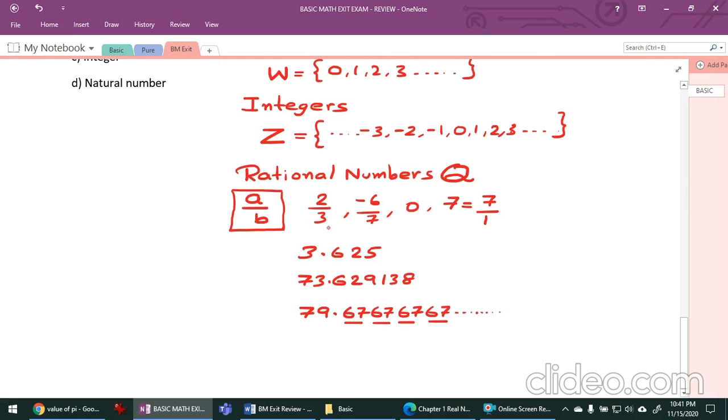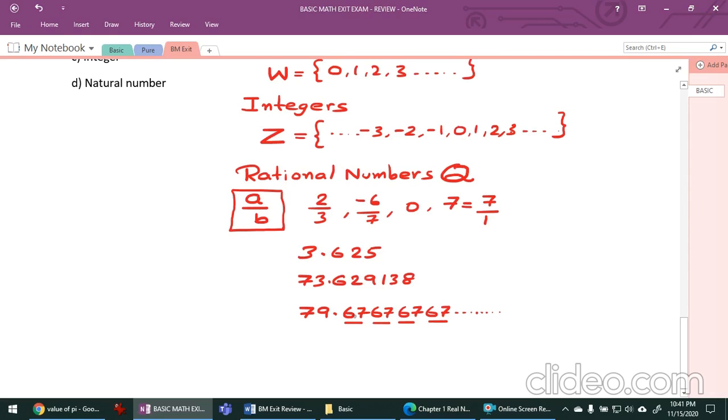So we have three types. Any number that looks like a by b, where these numbers come from integers, is rational. Numbers with a decimal point are fine, but the number should stop somewhere. Any big number is also okay, but it is stopping.